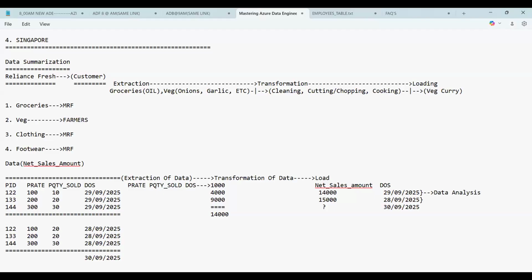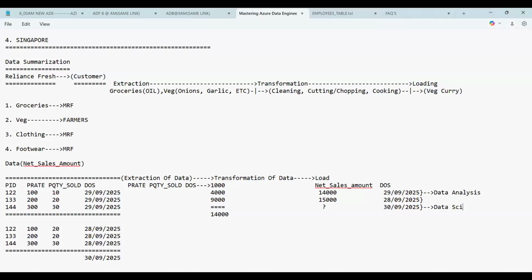Now, if you want to find out the expected thing you may have tomorrow, we have to estimate based on what? You can see the 29th day is 14 and the 28th day is 15, so the 30th day may range from 13 to 16,000. Am I right or not? Approximately, let us say 16,000. But this is called what, guys?